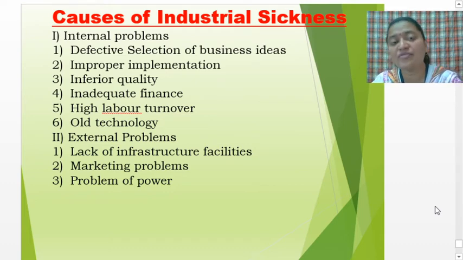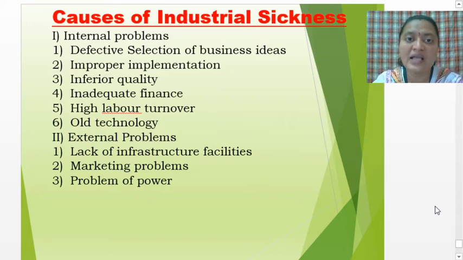But inadequate finance means that if there is no proper or sufficient finance available, the industry will become a sick unit, causing loss. That is inadequate finance: no proper availability of sufficient funds for the industry.